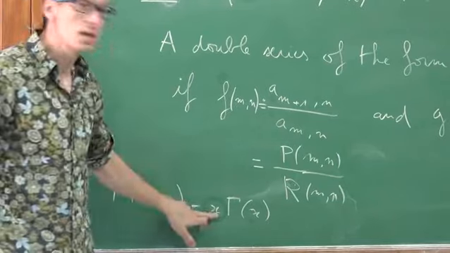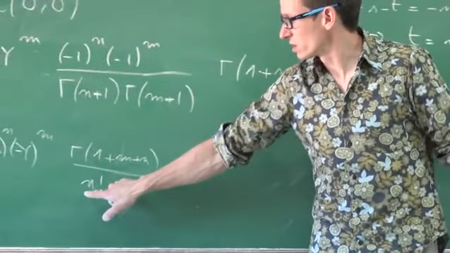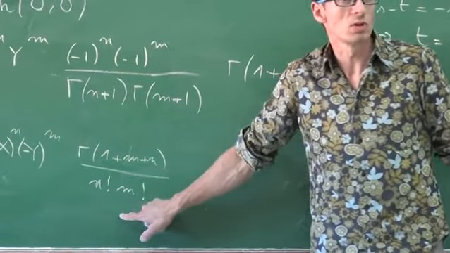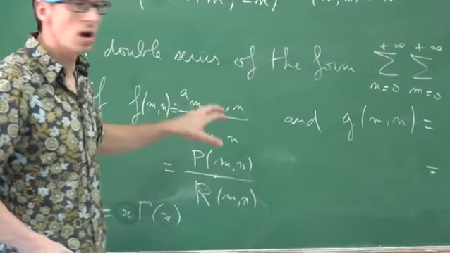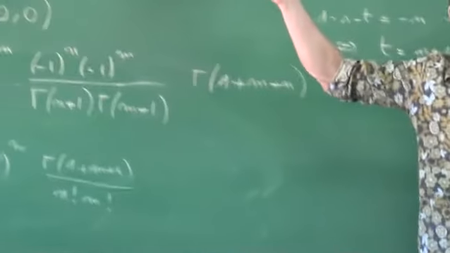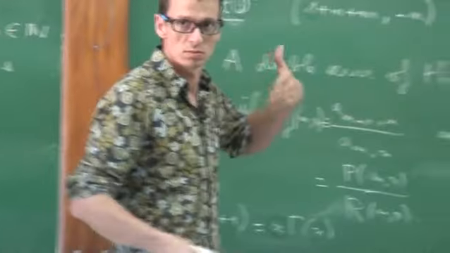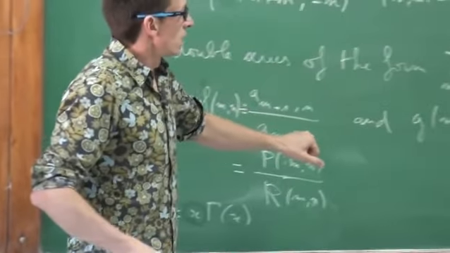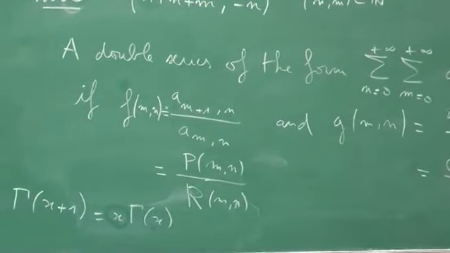So x here is 1 plus m plus n, and here it's n plus 1, here m plus 1. So at the end, we are in this case. Okay? So our series, and in general in quantum field theory, the series are of Horn type. Not always, but very often.